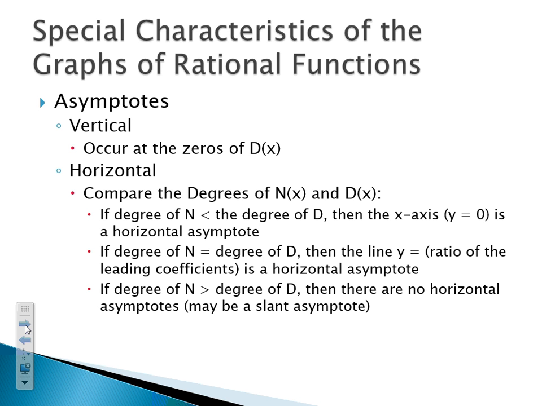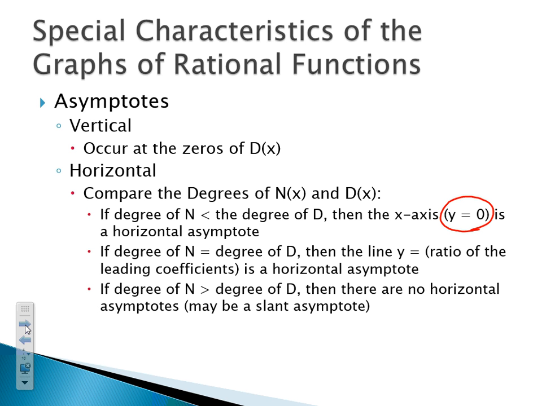So if we compare the degrees of the numerator, again, the top function, to the denominator, the bottom, here's what we're looking at. If the degree of the numerator is smaller than the degree of the denominator, y equals 0 will always be our horizontal asymptote. So smaller degree in the numerator, y equals 0 is that horizontal asymptote.